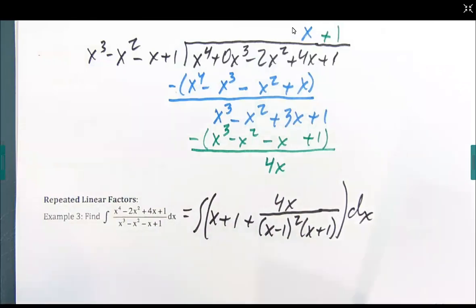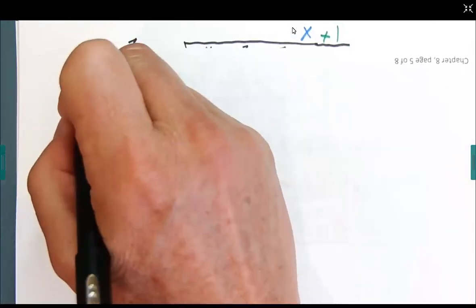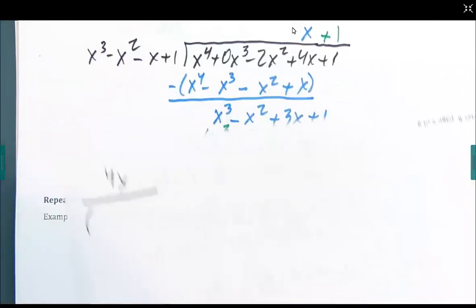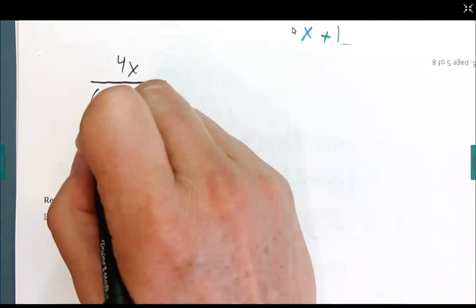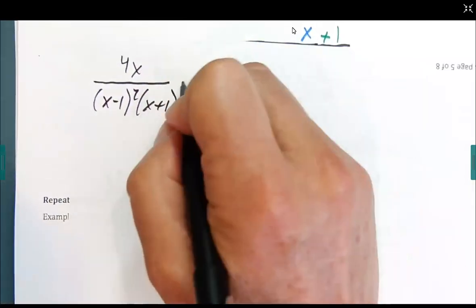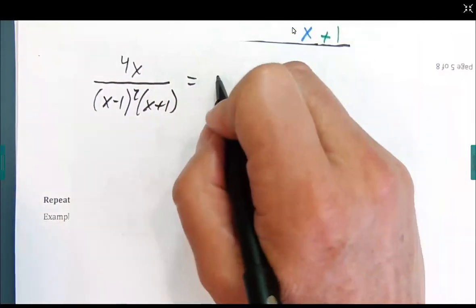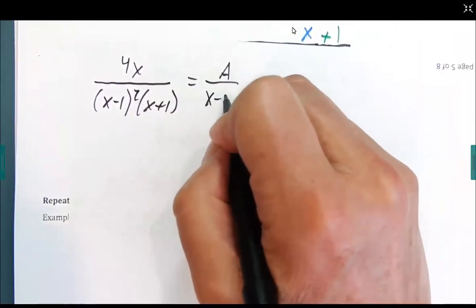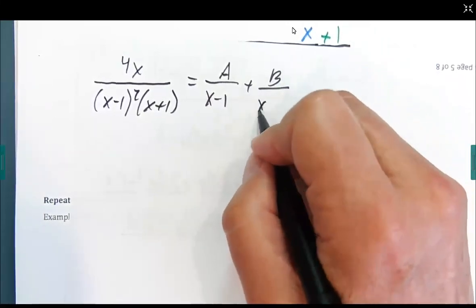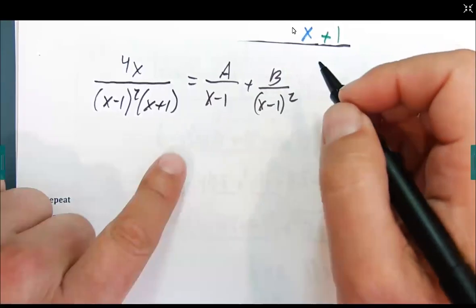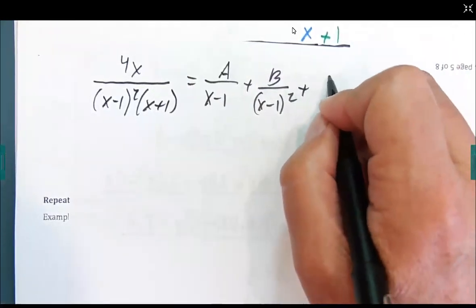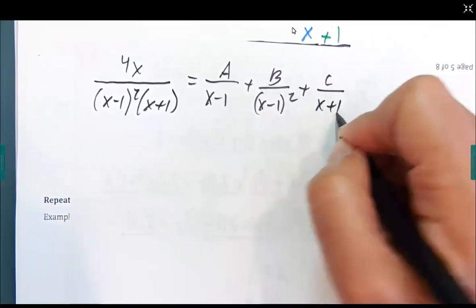So I'm going to take 4x over x minus 1 squared x plus 1. And I'm going to assume that this can break down as A over x minus 1 plus B over x minus 1 squared. So we're going to assume that that one's going to be there. If it doesn't, then that A will be a 0, plus C over x plus 1.